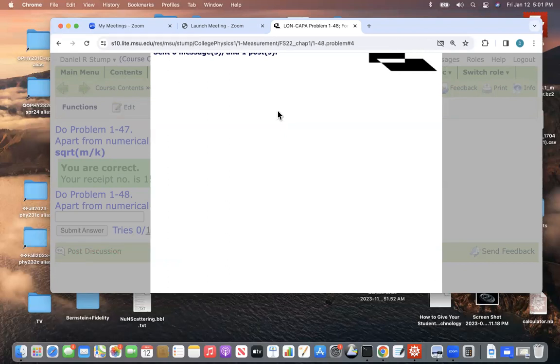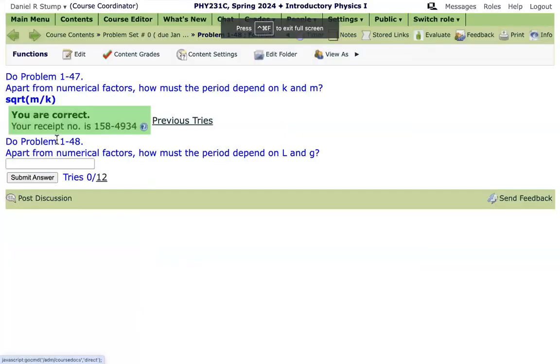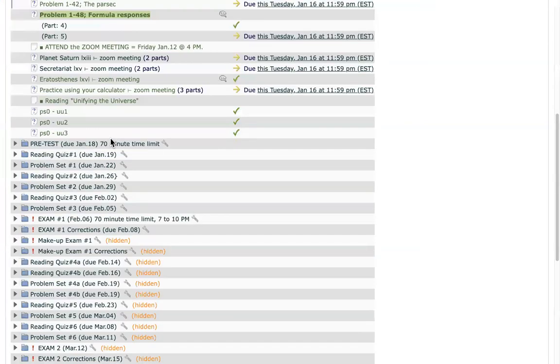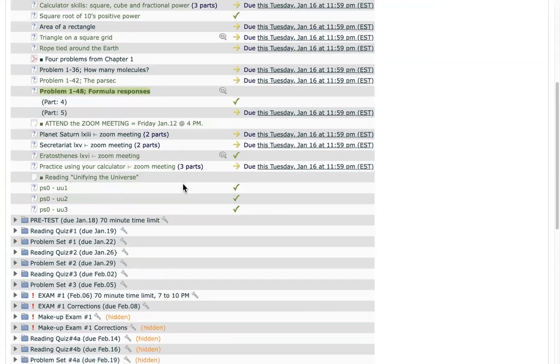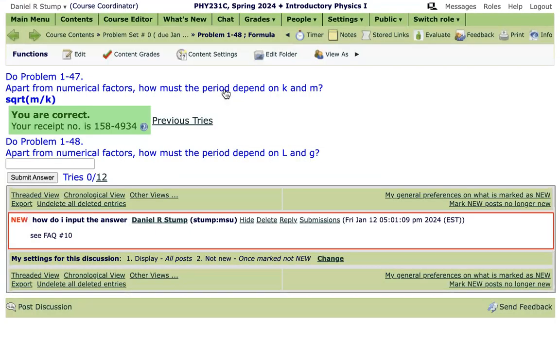Now, when I go back to that problem, here's the formula responses. There's a bubble here. So the bubble will be that question, and that'll tell you how you input. Somebody will have to answer this for you, but if you type in the question, then presumably somebody will answer it, and that'll help you know how to do it.